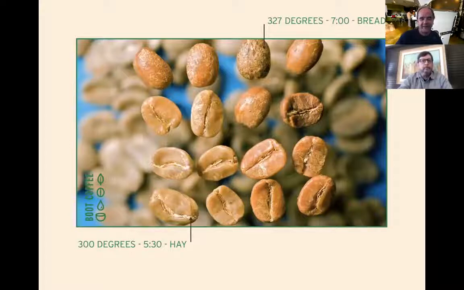At this point of 300 degrees Fahrenheit, now we are at 5.5 minutes. Now we smell this hay smell. This is indicative for an ongoing development of the Maillard reactions. And you can also see that the beans start changing color. The browning of the beans occurs.